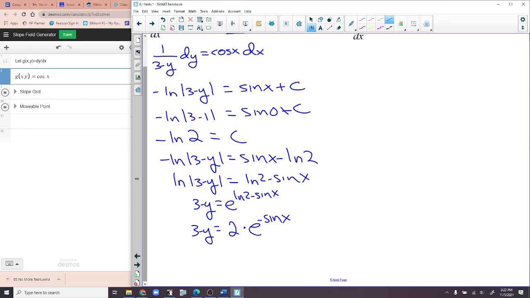Did I lose anybody there? How about this? 3 minus y is equal to 2 over e to the sine of x. Minus 3. Times by -1.